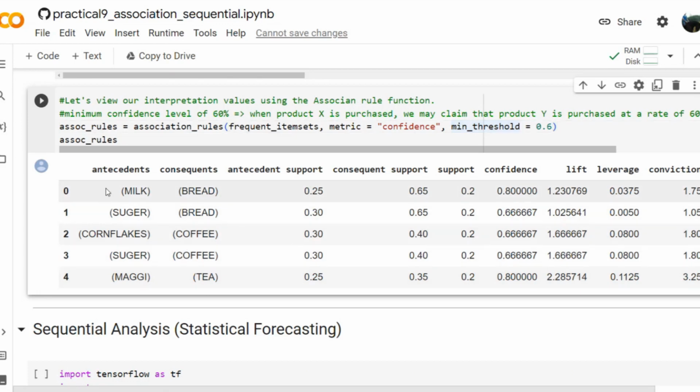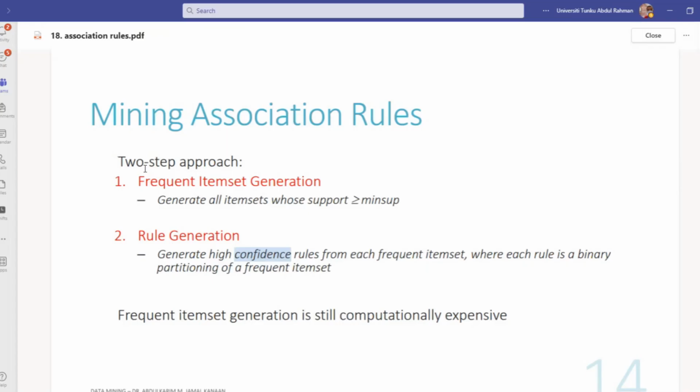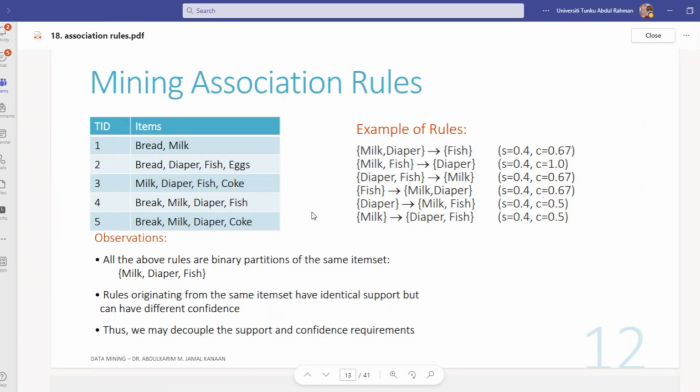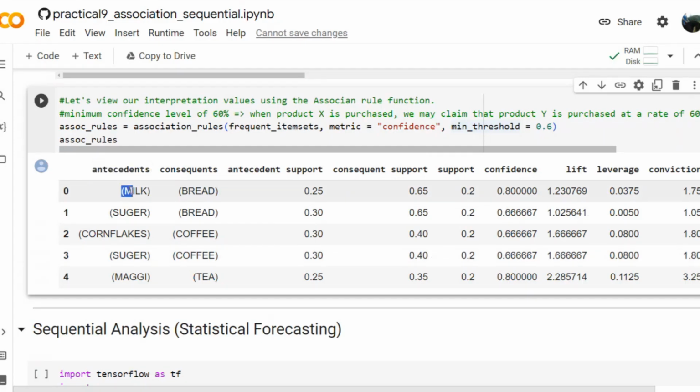Now how do we read these? You have two columns, antecedent and consequent. Antecedent refers to the item set before the arrow, so X leads to Y. For example, this item set, milk and diaper, is called the antecedent. The item set after the arrow is called the consequent. So back here, that means milk leads to bread.